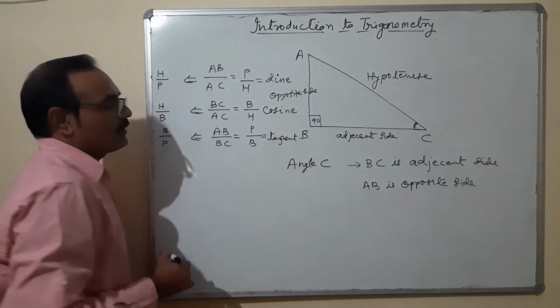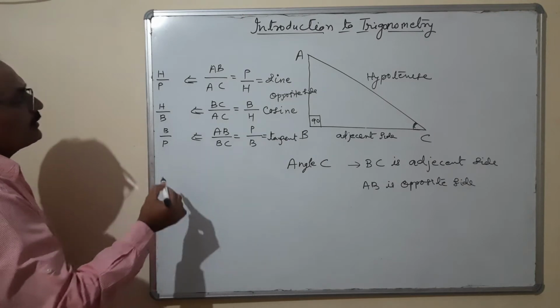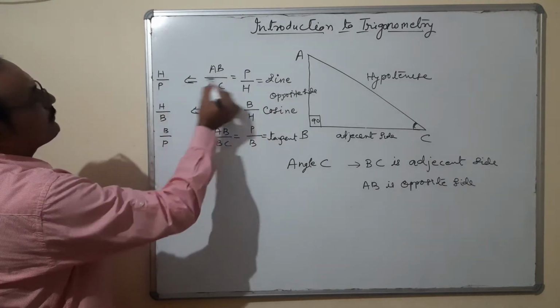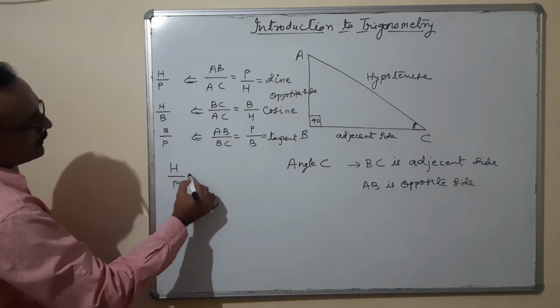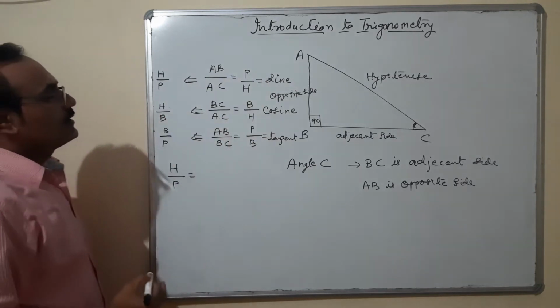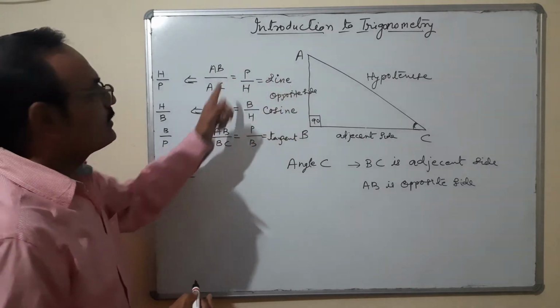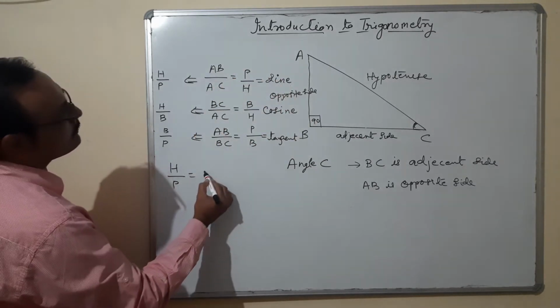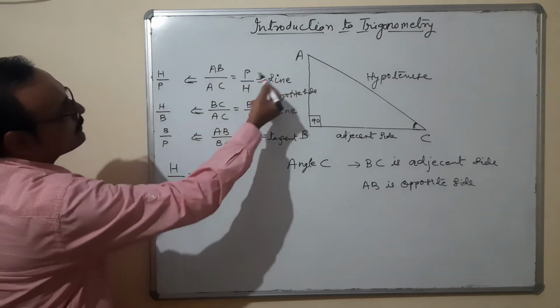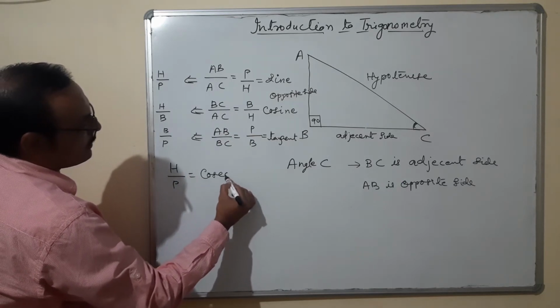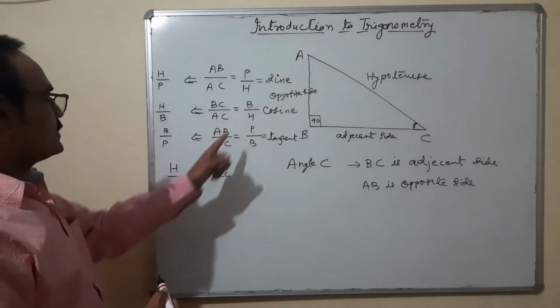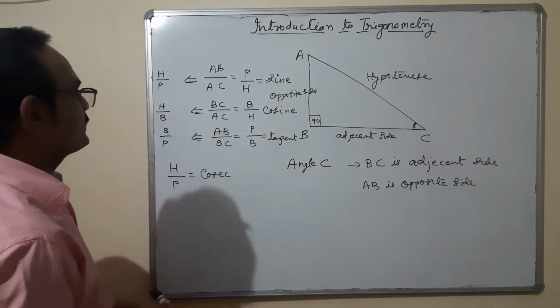Now coming to the opposite of P upon H, that means H upon P, hypotenuse upon perpendicular. The opposite, the reciprocal of sine, is cosec.